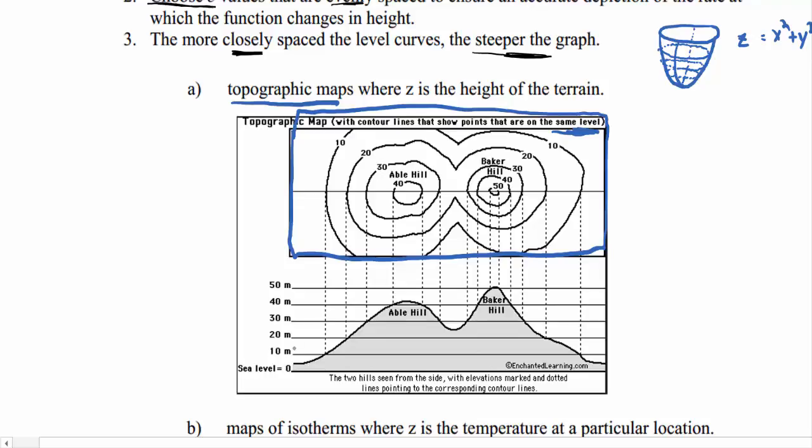So if you think about this hill here and this hill here, if you look at it from above, then you look at the contour curves from above, you might get a shape that looks like this contour graph or this graph of level curves. And so these values here represent height values of the hill, right?